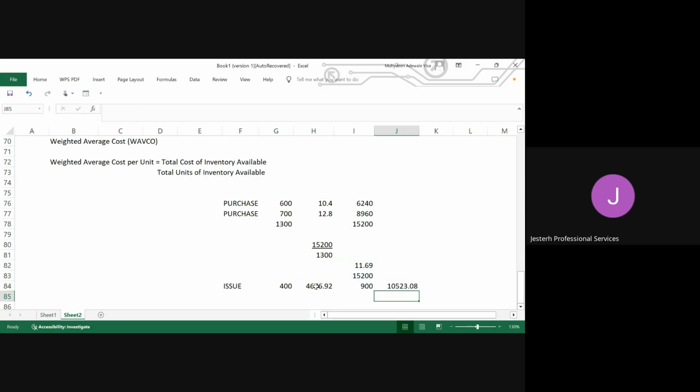So in the store now, what is remaining for us, the total value is 10,522 kobo, which is equivalent in quantity to 900 units.